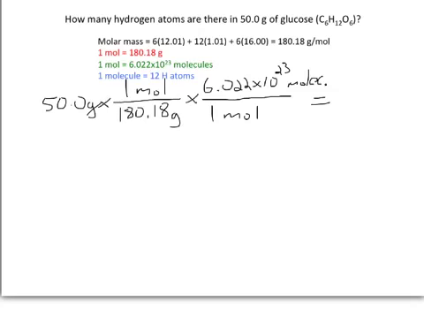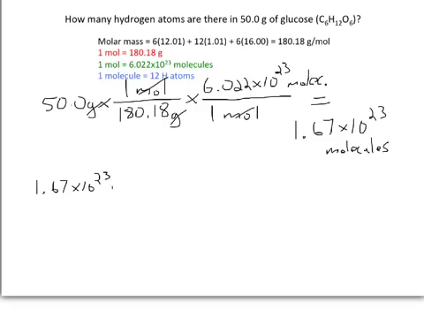All right, so grams will cancel, moles will cancel. This will give me molecules of glucose, and I get 1.67 times 10 to the 23rd molecules. All right, now I just have to multiply this by 12. I'm actually going to set it up like a conversion factor. So I have 1.67 times 10 to the 23rd molecules.